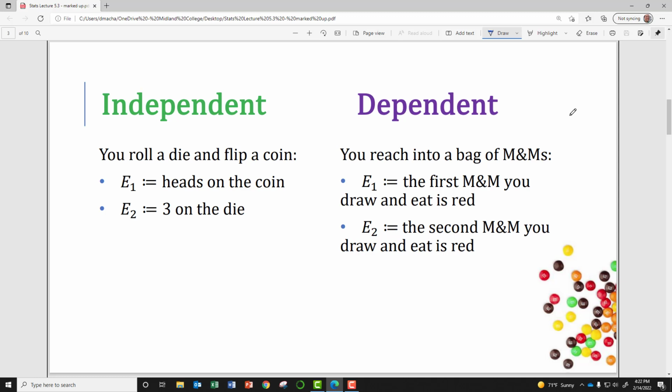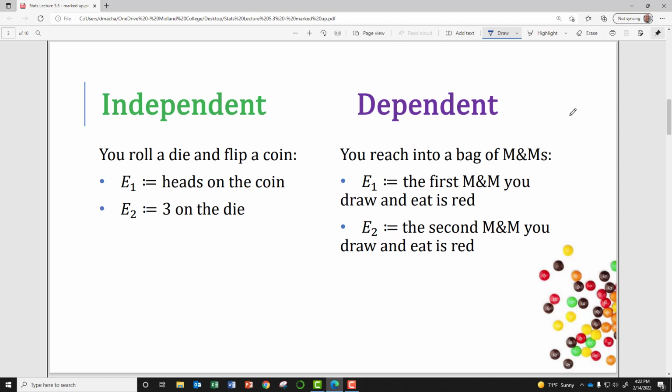An example of a dependent pair of events would be if you had a bag of M&Ms of all different colors, and you reach into the bag, and we say E1 is that the first M&M you draw out of the bag and eat is a red M&M. And E2 will be that the second M&M you draw out and eat is red.